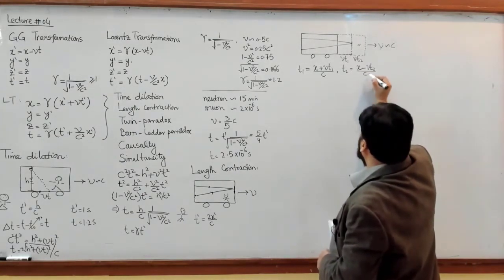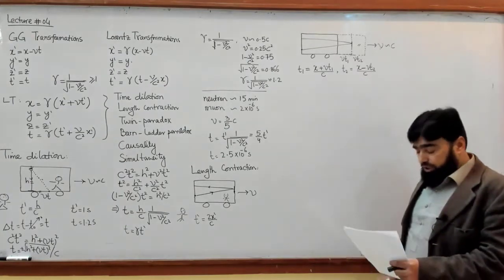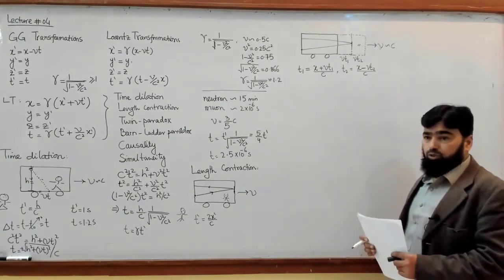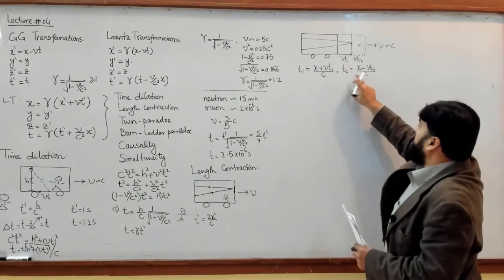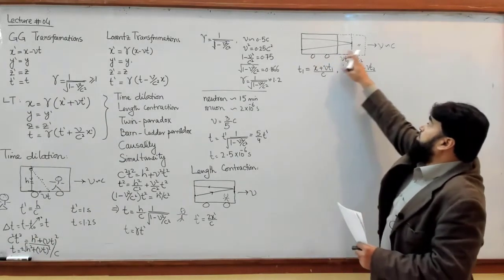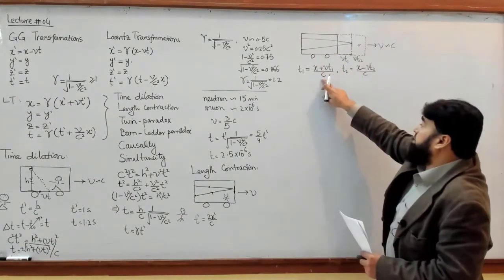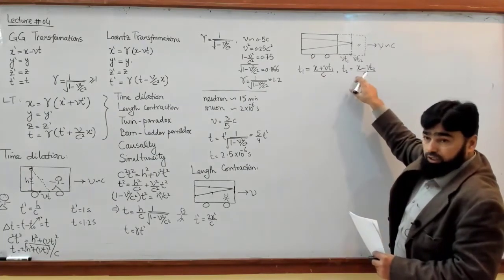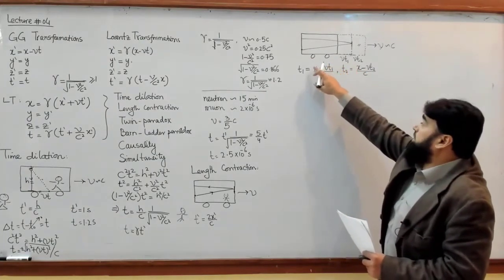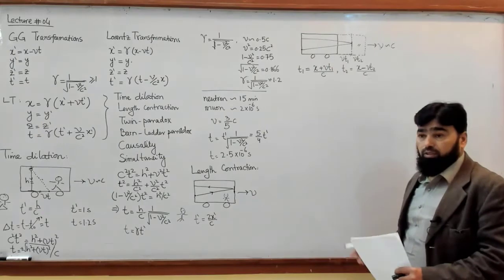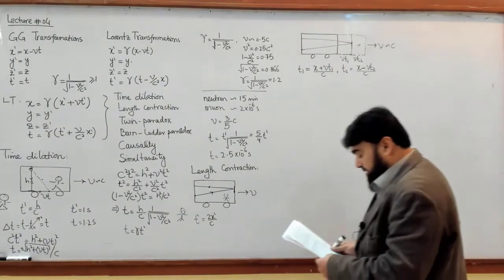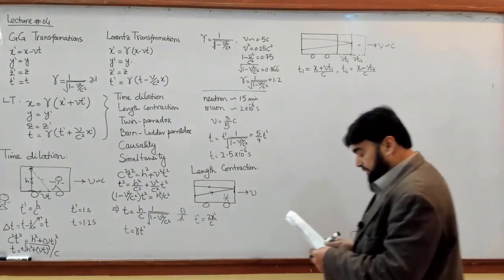Here c is the speed of light, because we are measuring how much time the light has taken, while vt is the distance traveled by the cart or box, whatever you name it.